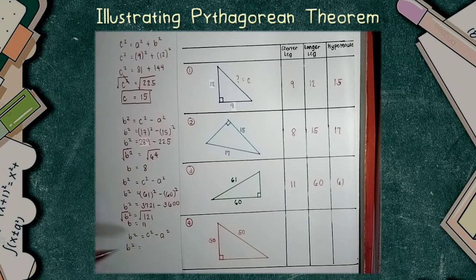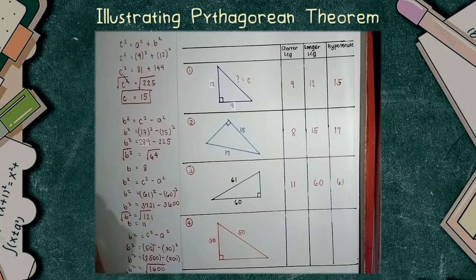So B squared is equals to 50 squared minus 30 squared. B squared is equals to 50 times 50 ay equals to 2,500. So, 5 times 5 is equals to 25 and add 2 zeros. And 30 times 30 is 900. 3 times 3 is equals to 9 and add 2 zeros. So, B squared is equals to 2,500 minus 900 ay equals to 1,600.